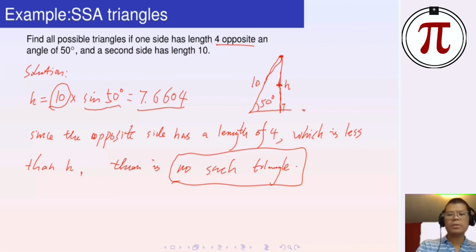Yeah, it's the same thing. As long as it's an adjacent side, you can find h, because that's the adjacent side, the opposite side, and the angle. Very good question. So since h equals this one, and the opposite side is length 4, which is less than h, then there's no such triangle. You don't have to do any more work because there's no such case.